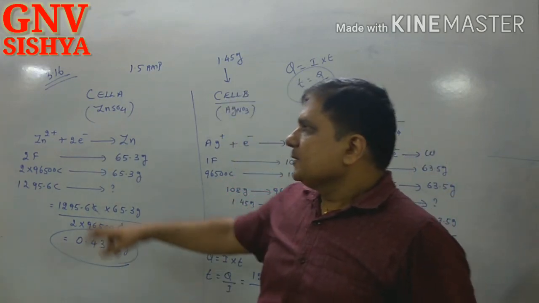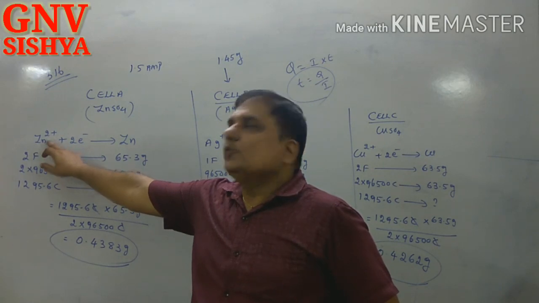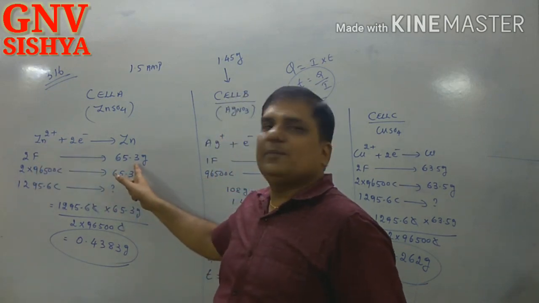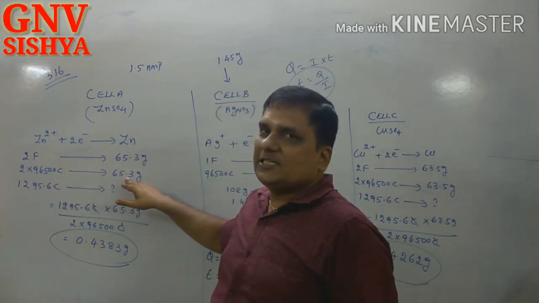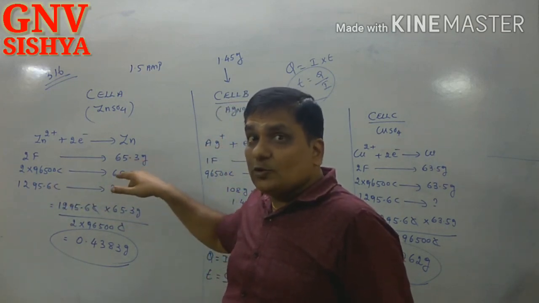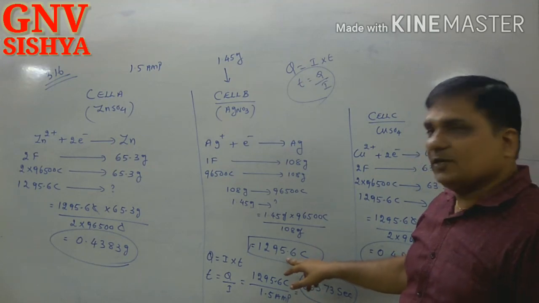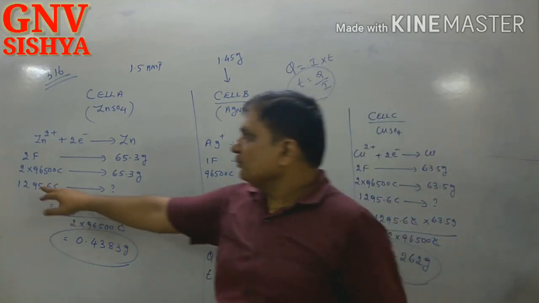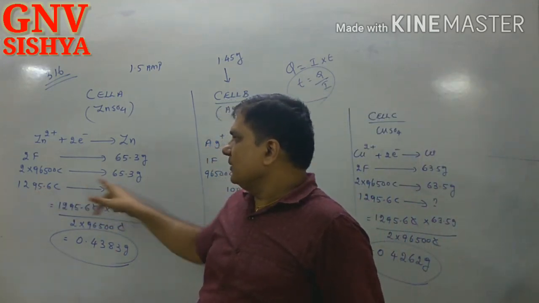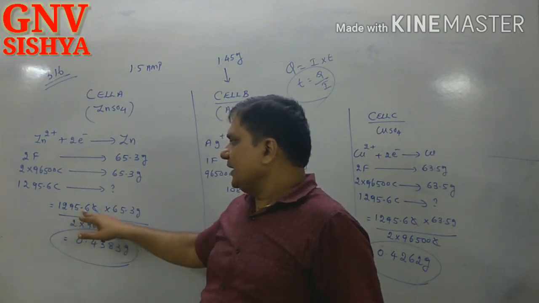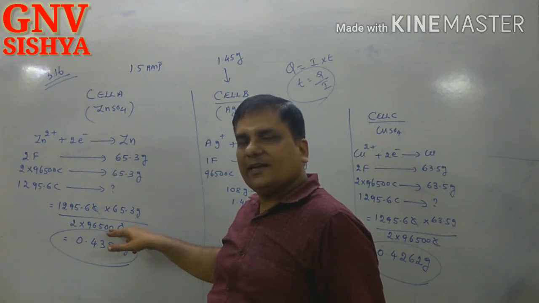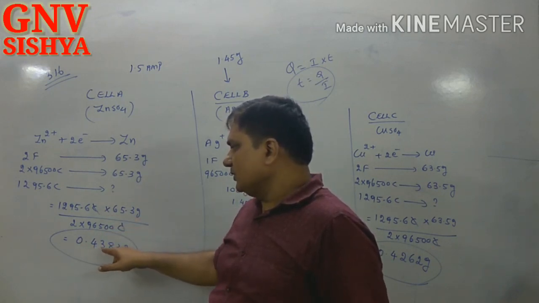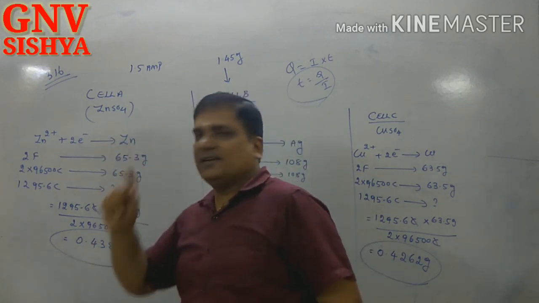So valency is 2. 2 Faraday, or 2 into 96,500 coulomb, deposits 65.3. In this solution, the quantity of electricity passed is 1295.6. Therefore, 1295.6 coulomb deposits 1295.6 into 65.3 divided by 2 into 96,500. The answer is 0.4383 gram of zinc.